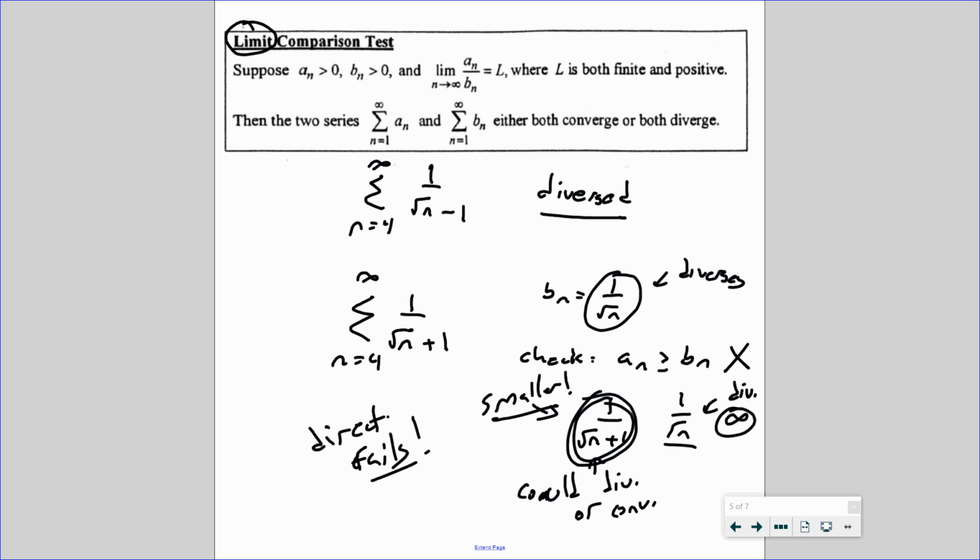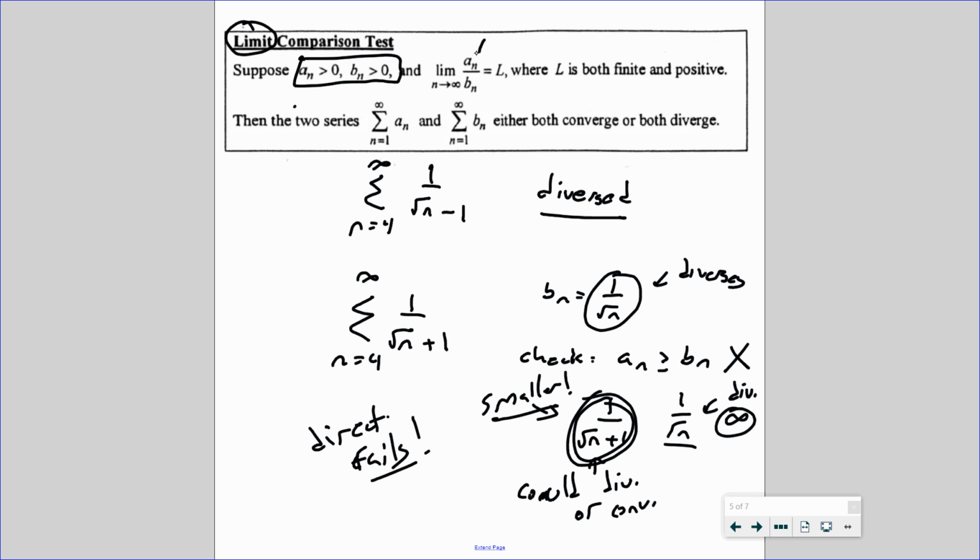Now, limit comparison will always work, even when direct comparison also works. So this is actually one of the better tests to use. The only problem is it requires more work on our part. And as you notice, again, we're going to compare our original and our comparison, a sub n and b sub n, both have to be positive. And what we do is we make a limit.